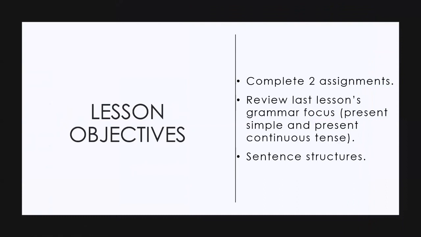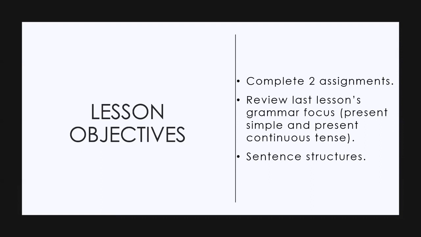Our lesson objectives are to complete 2 assignments, 1 assignment in your notebook and 1 assignment using Google Classroom, and you have to submit using Google Classroom. If you don't know how to submit using Google Classroom, just ask your friends to show you, okay? It's really simple.